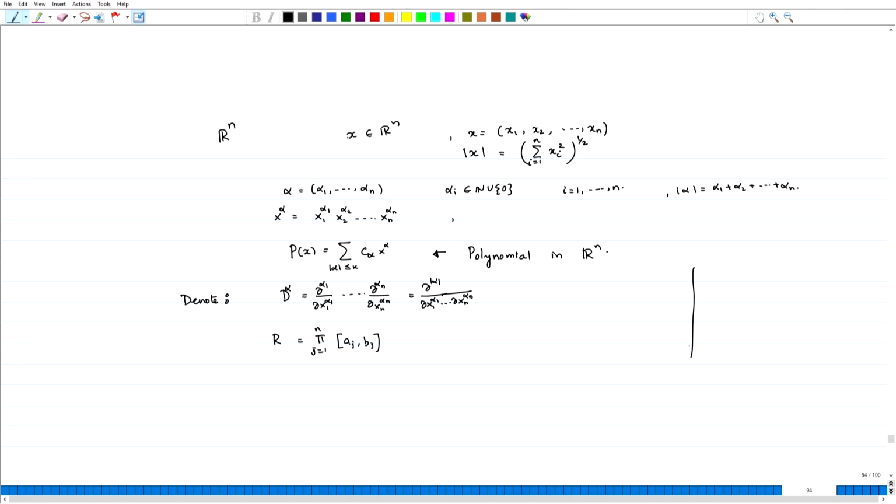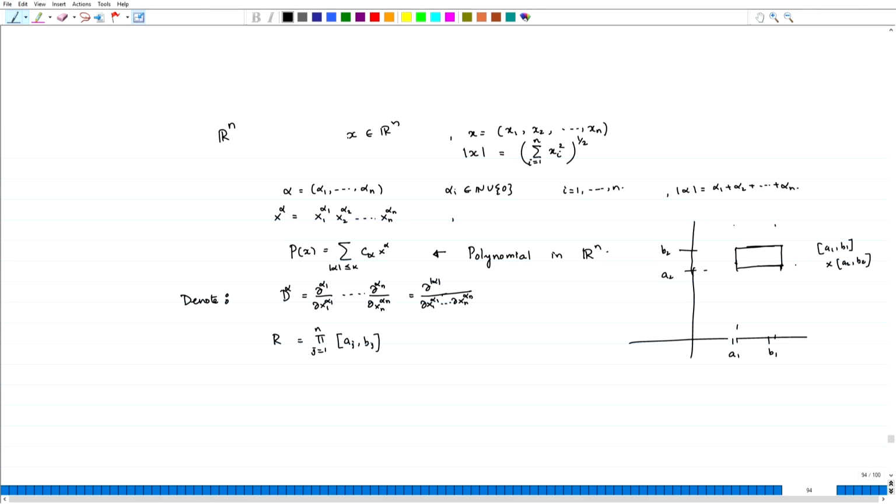Like for example, if I have a1 b1, this is an interval in R, and this is an interval which is a2 b2 in the y axis, then the rectangle is this, which we are going to denote by R. So, this is our R, a1 b1 cross a2 b2.